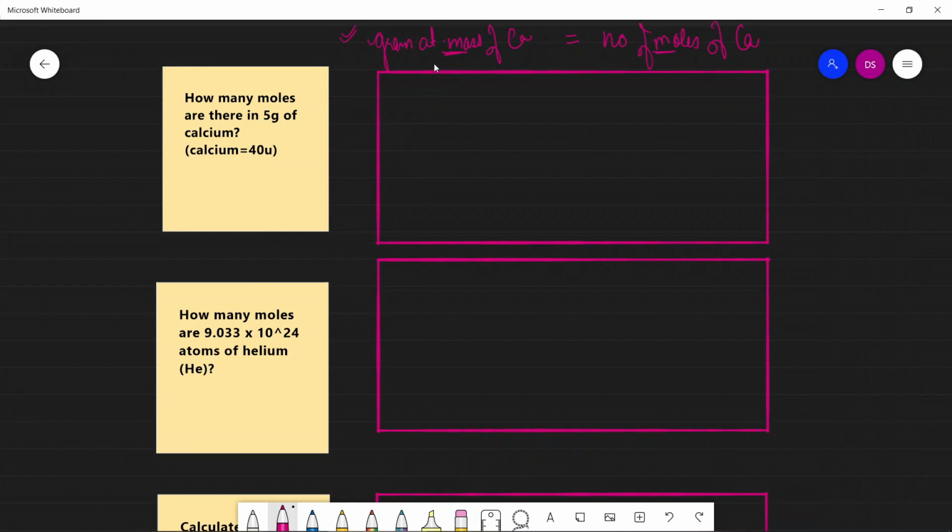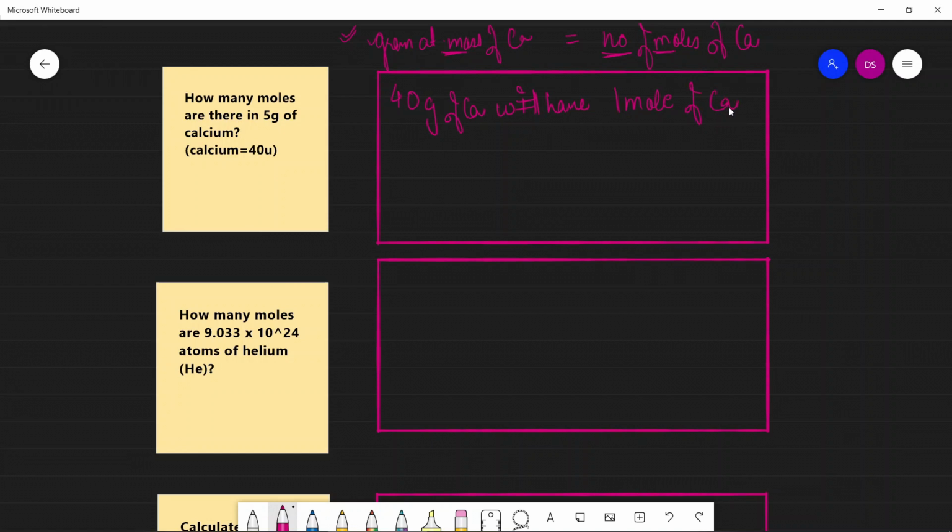Now you have to just write down the gram atomic mass of calcium and how many moles it will have. So 40 grams of calcium will have how many moles? 1 mole, right? 1 mole of calcium.